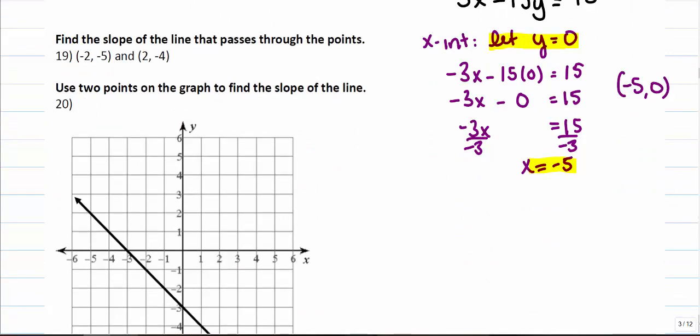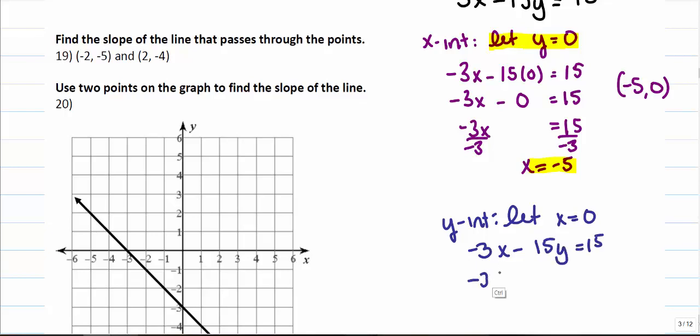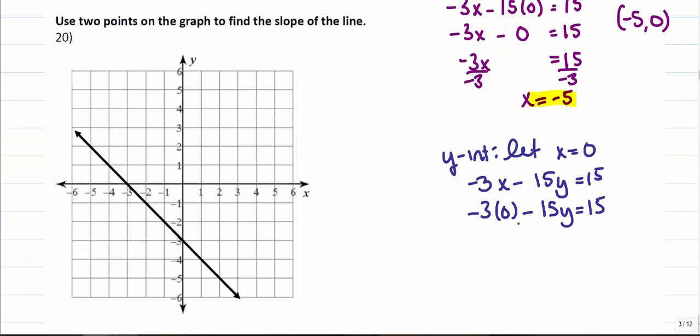If I want to do the y-intercept, we're going to let x equal 0. So in this equation, I'm now going to let x equal 0. And so just like before, if I let x equal 0, then I'm just going to be left with -15y equals 15.